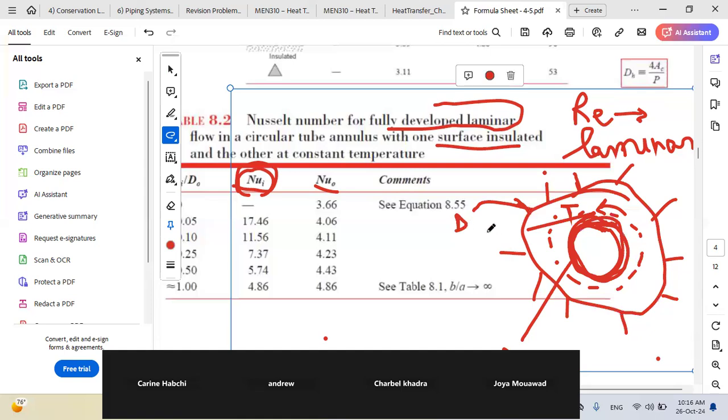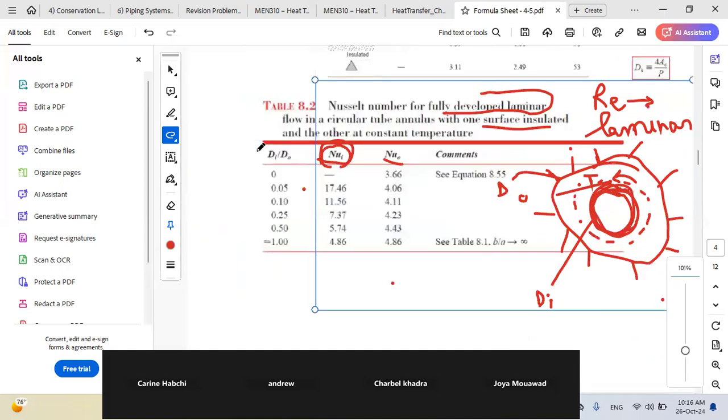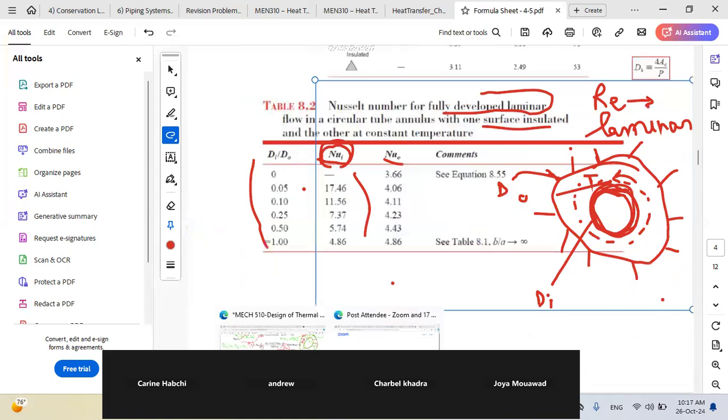So you just need to calculate the ratio D_i over D_o, and depending on the ratio that you obtain, you will select the formula to use, because the Nusselt number will change with the ratio. Let us go back to see what D_o and D_i are.